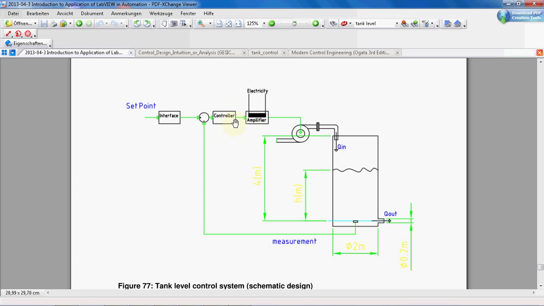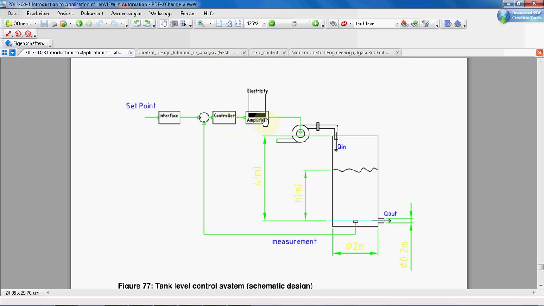But we want to actually control our pump using this voltage, but assume the voltage coming out of the controller is too low to actually run this pump. Therefore, we need an amplifier to increase the amplitude of this voltage.